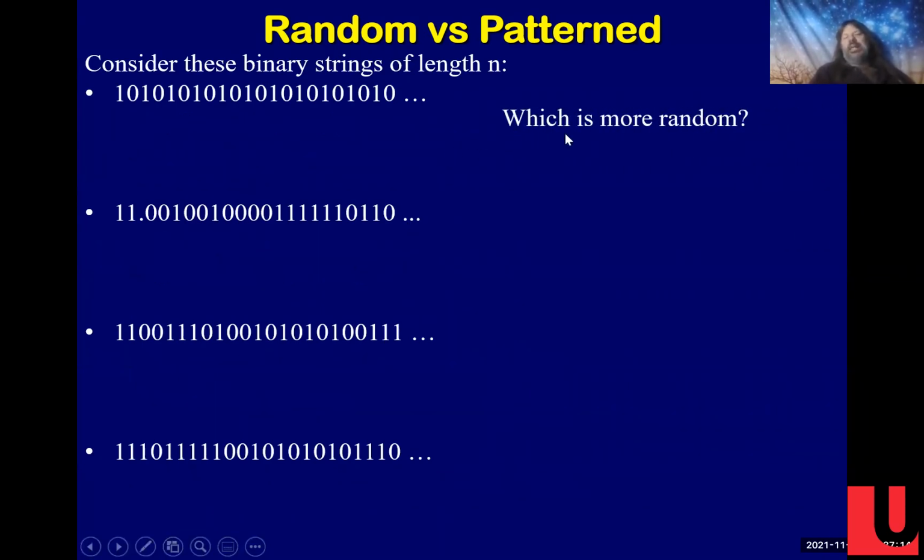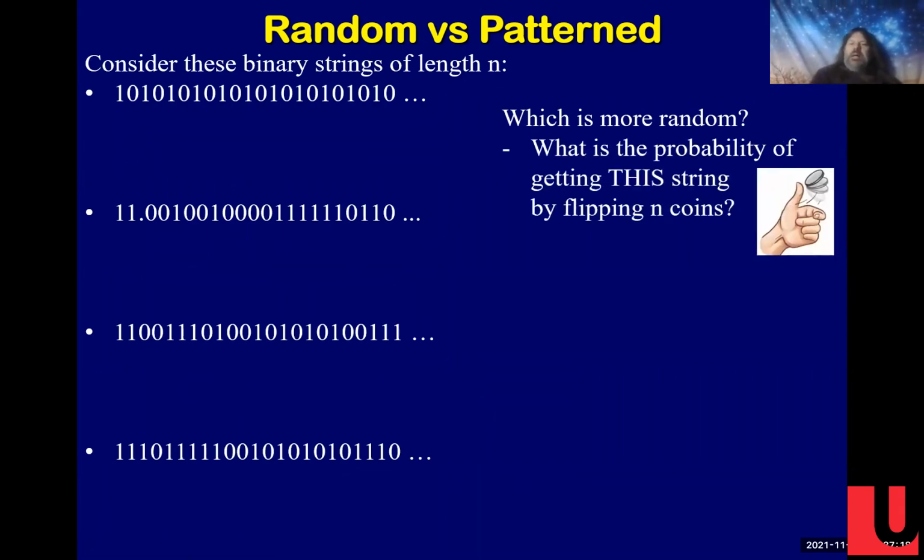All right, so let's ask the question again. Which one's more random? But this time, let's say if I were to flip a coin n times, what's the probability that I get this string? What's the probability I get this string or this string or this string? Anybody know?